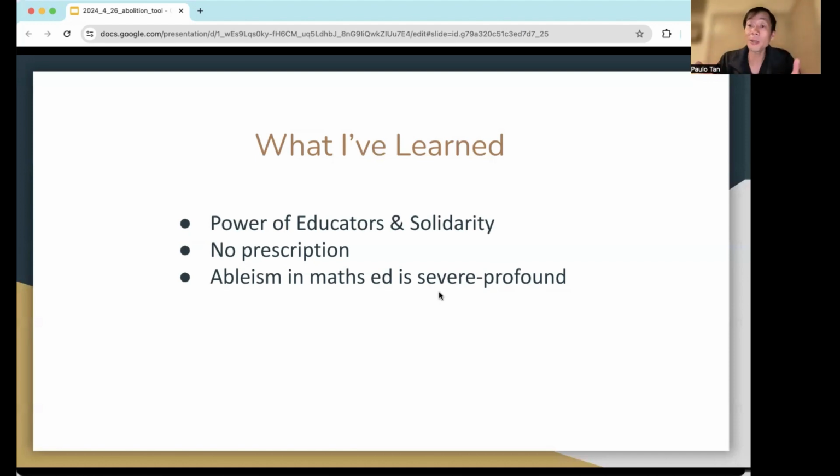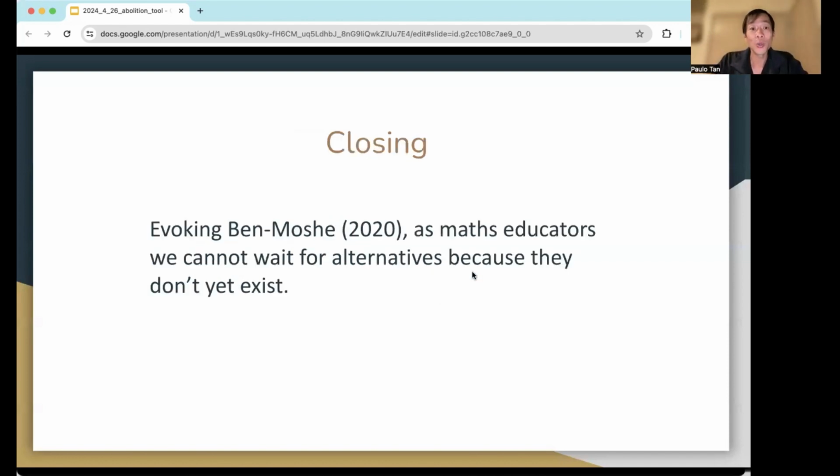But ableism is super prevalent in the context of math education. And so that's why elementary math: we can start challenging that ableism in these spaces, in the work that we do. So that's again a way to think about abolitionist practice in the elementary context.